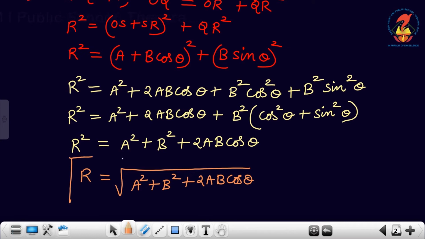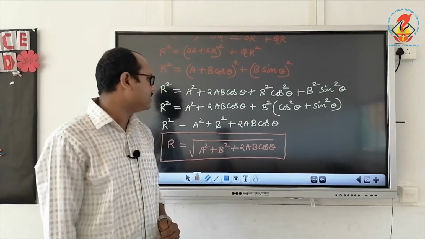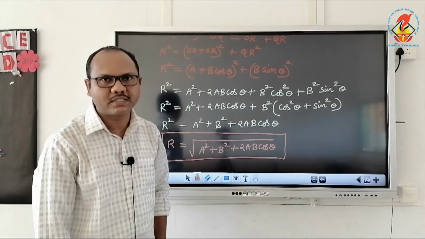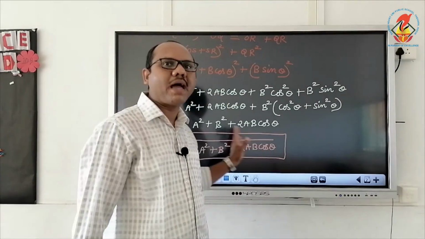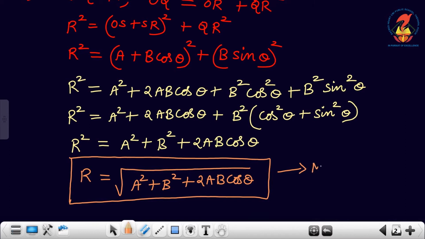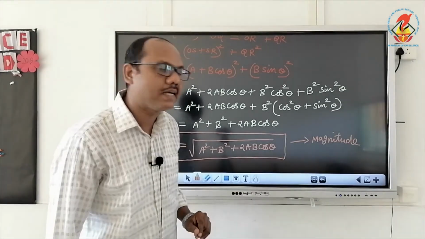This is the equation for the magnitude of the resultant. So this is how we got the equation. Now, this is the magnitude only, so I write here magnitude. Now how will we find the direction of the resultant? That is what we are going to study next.